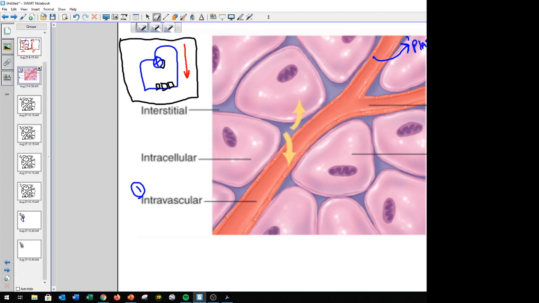We'll use blue. All right, so here's your intravascular. This is the membrane right here, right? What can happen is in those smaller arterioles where the vessel becomes smaller, it can't handle the volume of blood coming out at the velocity that it's coming out.